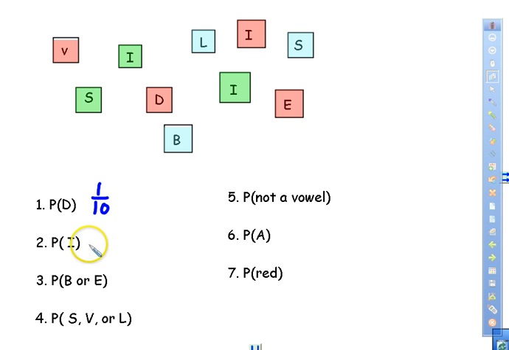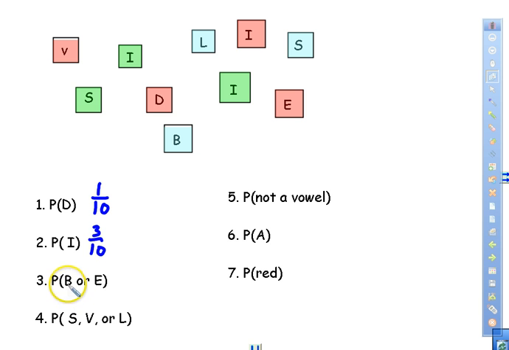So now let's look at the letter I. How many have a letter I? Go ahead and write that down. Well, there's 1, 2, 3 I's out of a possible 10. And that is in simplest form.